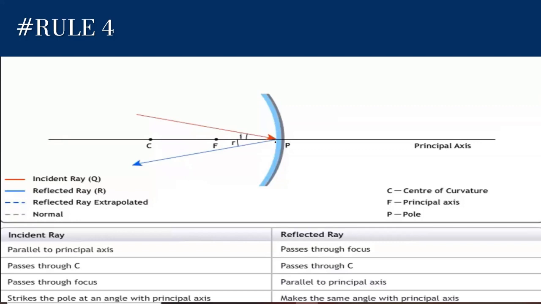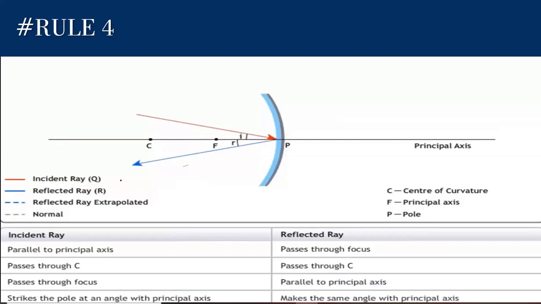It is hitting the surface at an angle i, the angle of incidence. At each and every point in all these rules in spherical mirrors, the laws of reflection are followed. That is, your angle of incidence will be equal to the angle of reflection. So the blue one becomes your reflected ray. It will be fully in accordance with the laws of reflection.